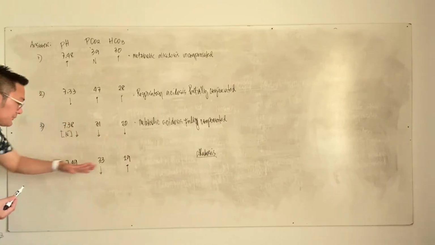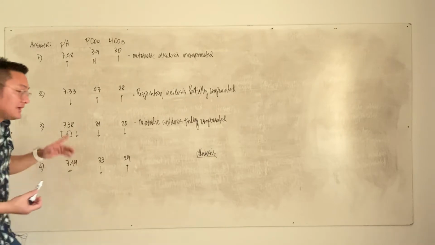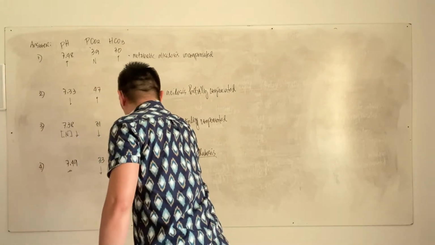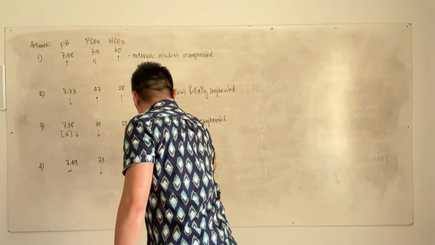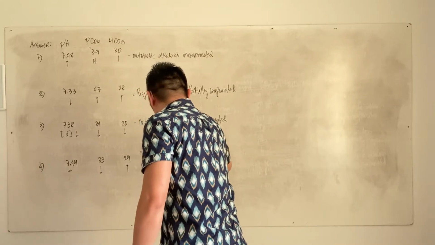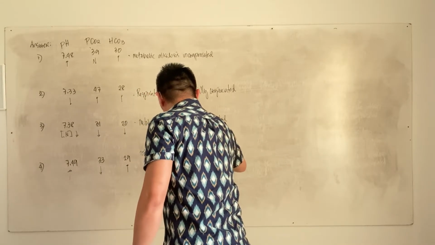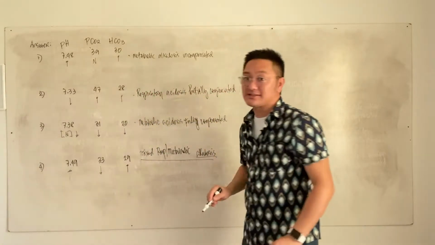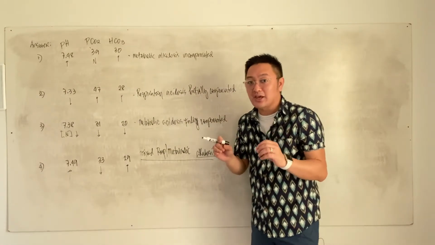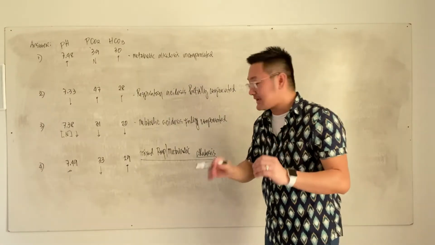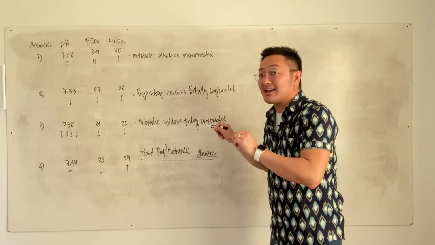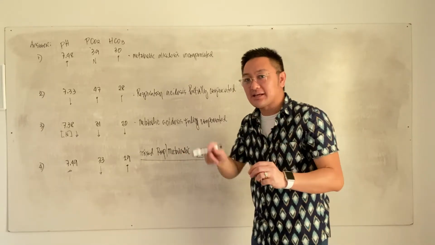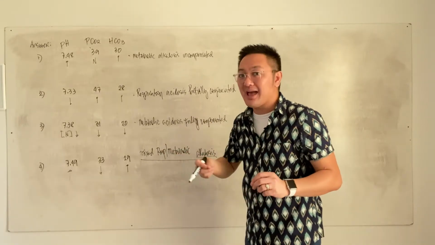Okay? So what will be the interpretation for this problem? This problem is what we call mixed respiratory and metabolic alkalosis. So there is such a thing in your ABG as mixed respiratory metabolic alkalosis or mixed respiratory metabolic acidosis.